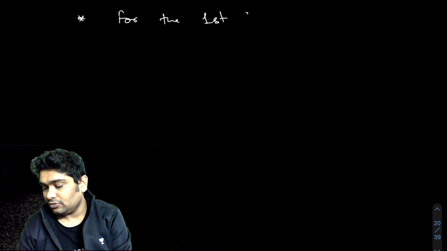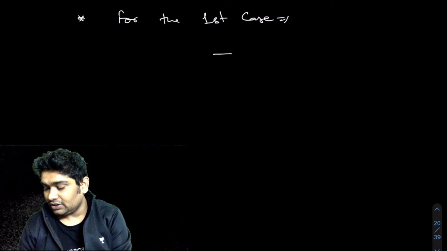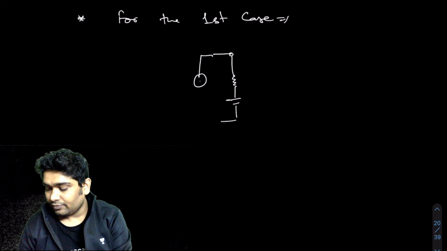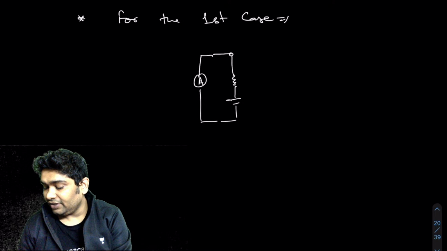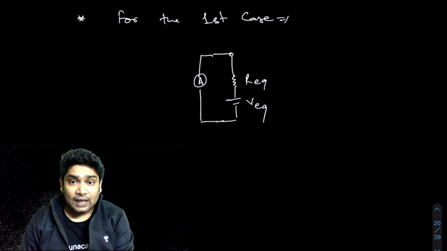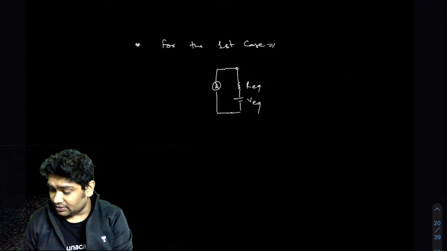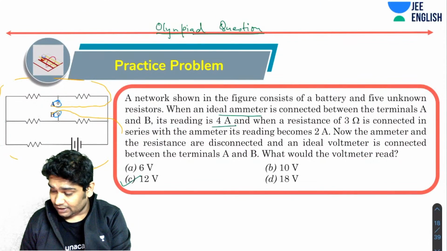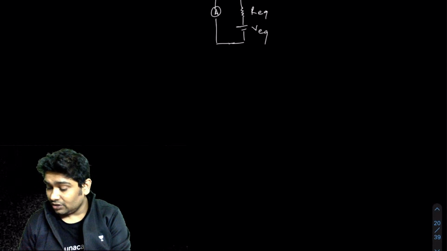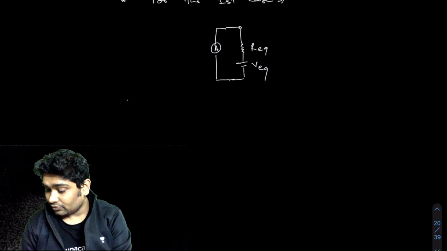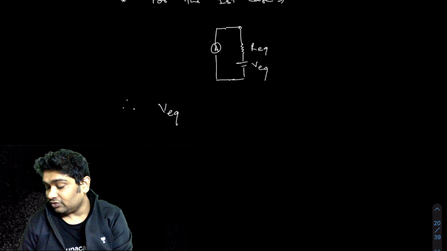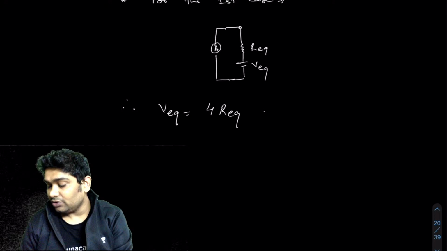For the first case, I will imagine that this is my terminal A having a resistance R equivalent, a battery V equivalent, and an ideal ammeter. The ideal ammeter reading has been told to me as 4 amperes, right? So therefore I can say V equivalent equals 4 times R equivalent. That is going to be my equation number 1.